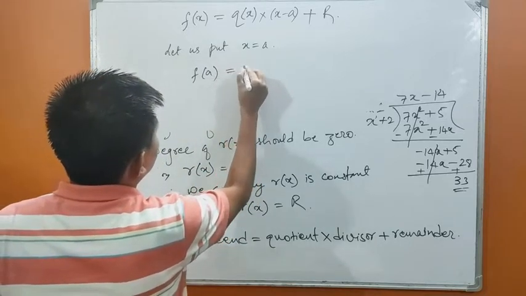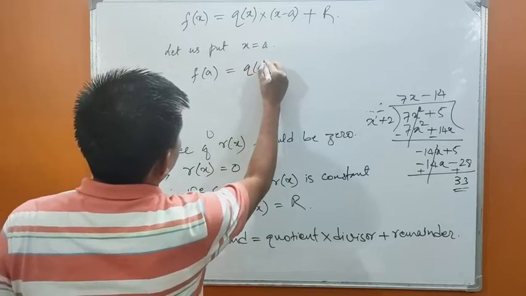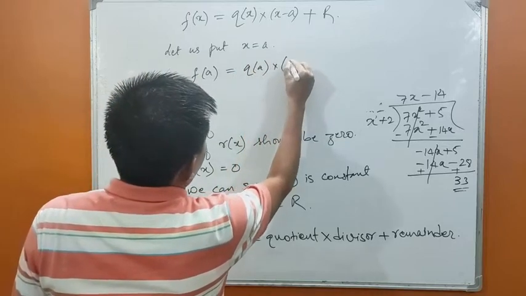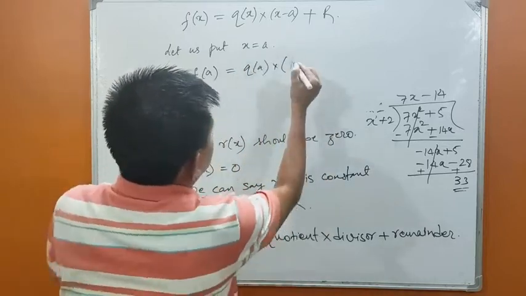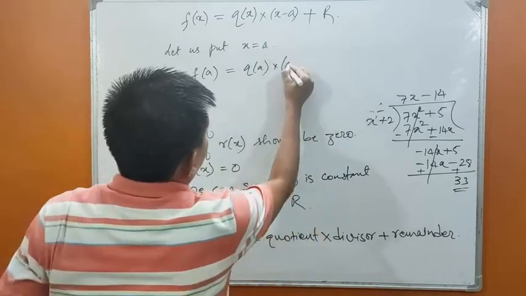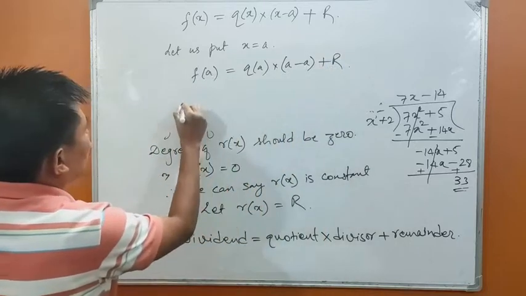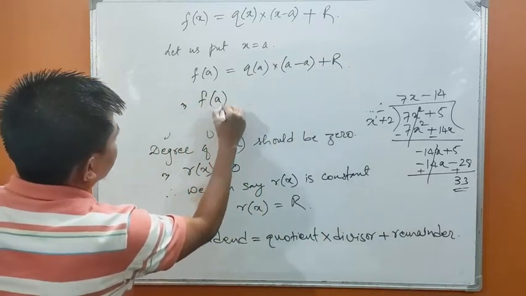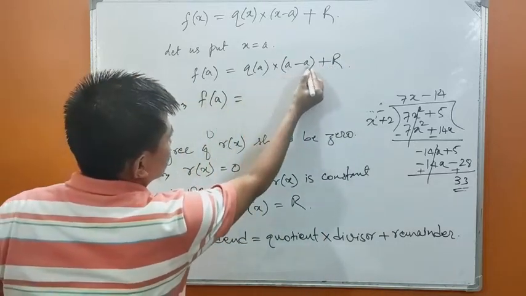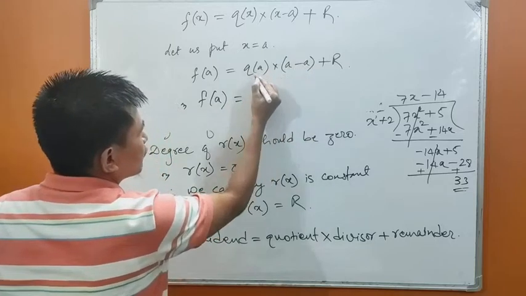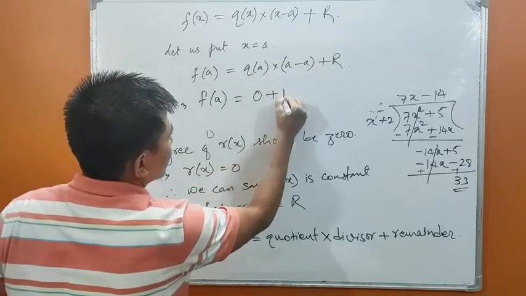Fa equal to q into a into x, x is a, isn't it? X is a minus a plus r. Or Fa equal to a minus a is 0. 0 into qa is 0 plus r.